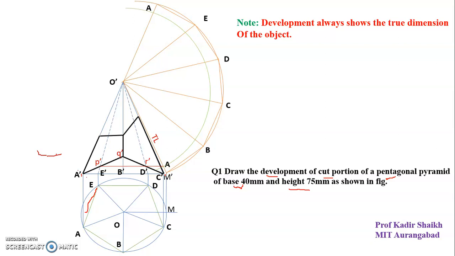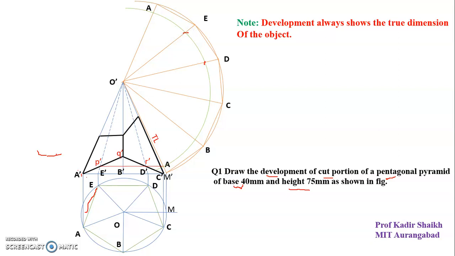Now we know that P dash and R dash will lie on this arc, and they should cut these slant edges O dash E dash, so here it should be E to O, and D dash to O dash, meaning D to O. You will get cutting point R somewhere here and cutting point P somewhere here.